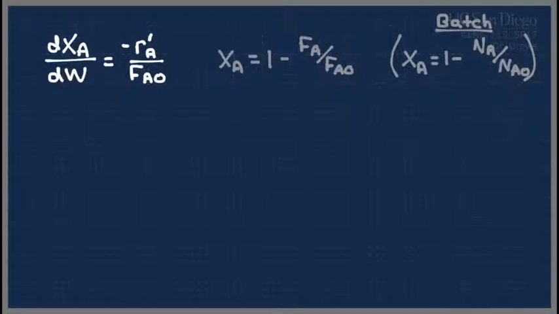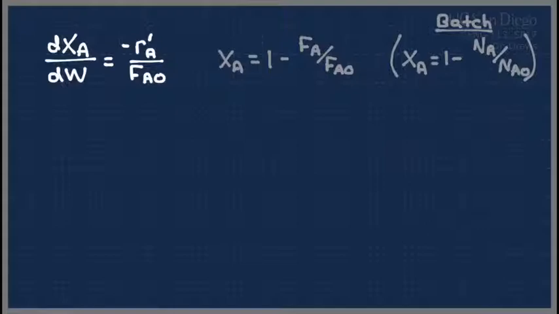You use the full differential equation in terms of molar flow rate, so you would have left it like this. If you had multiple reactions, where now your RA is your net rate. That element hasn't really changed at all from batch reactors, but we didn't do that because we only have a single reaction. So we skipped right to the dXA.